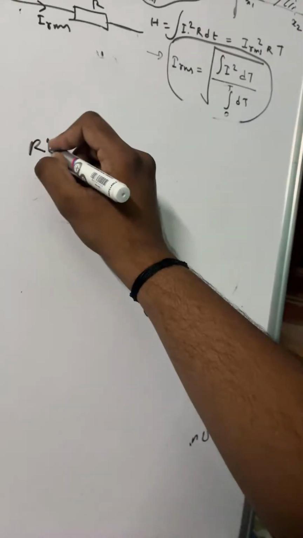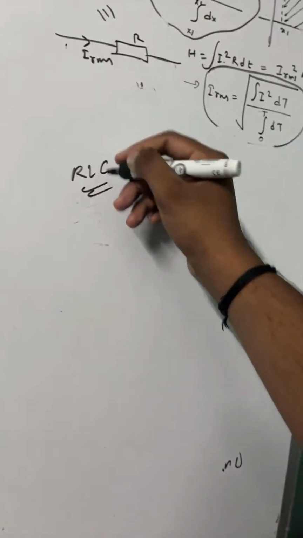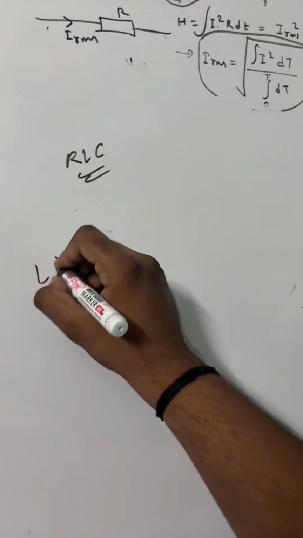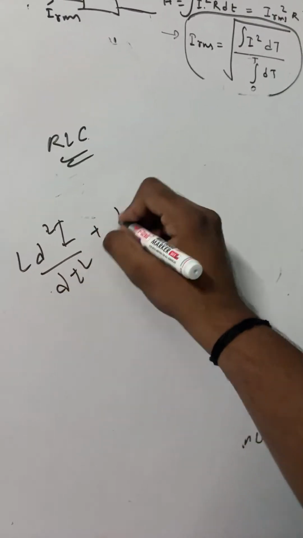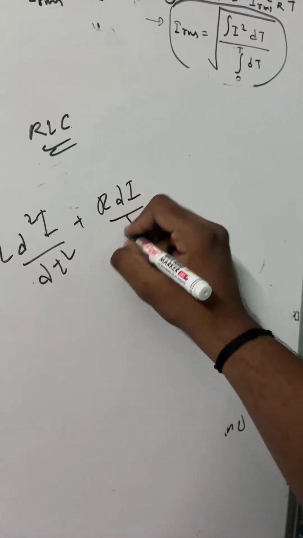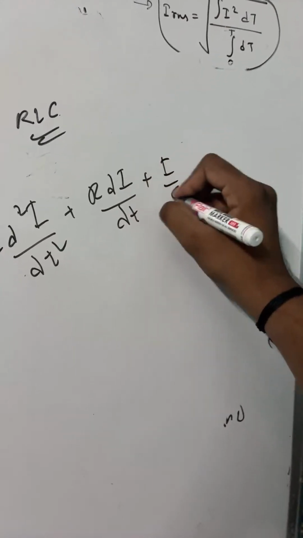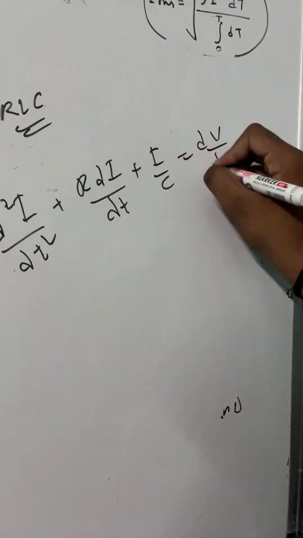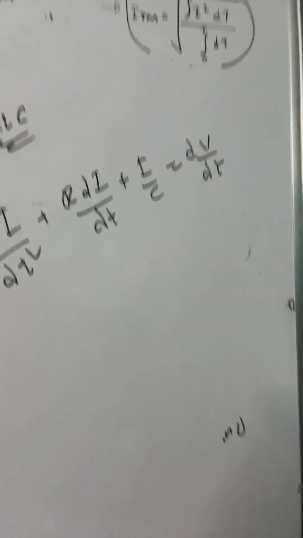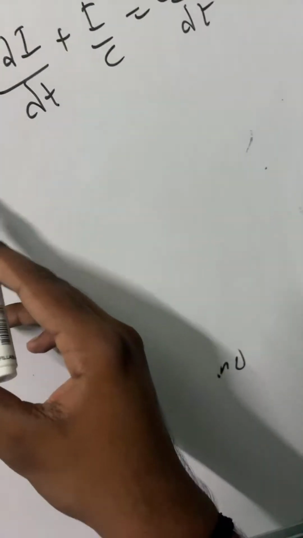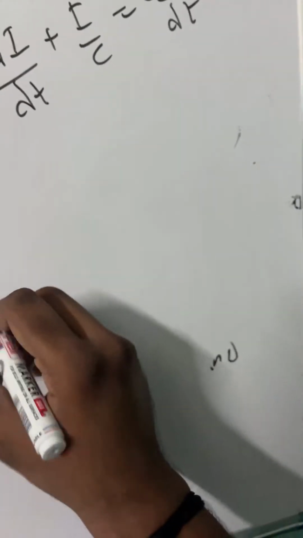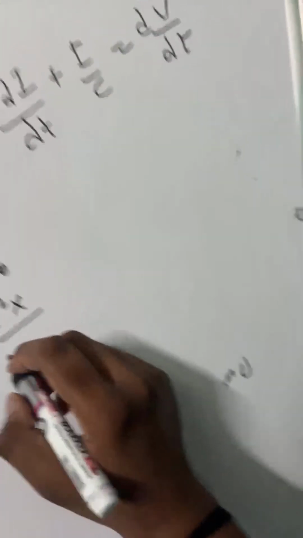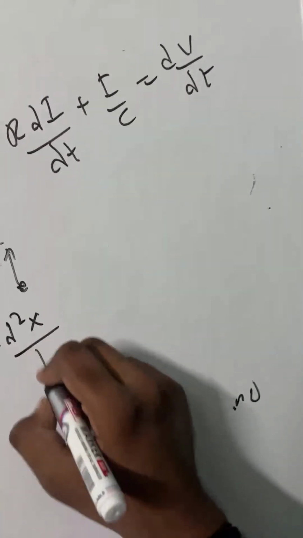Okay. So for AC circuits or the RLC resonance, resistor, inductor, and a capacitor, the equation looks like L d squared i by dt squared plus R di by dt plus i by C equals dv by dt. We can compare this to the equation of damped oscillation.